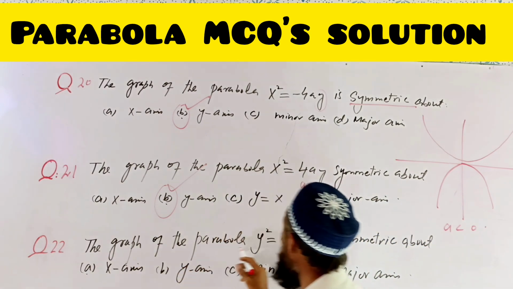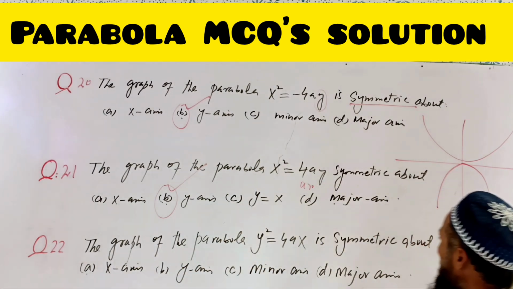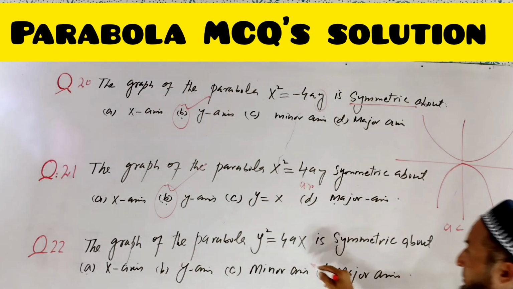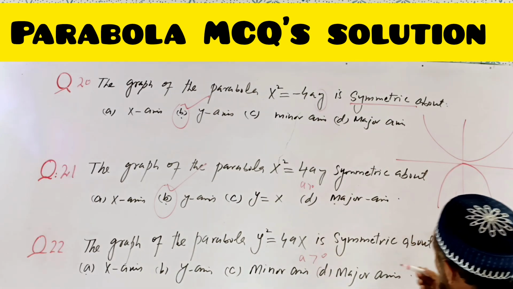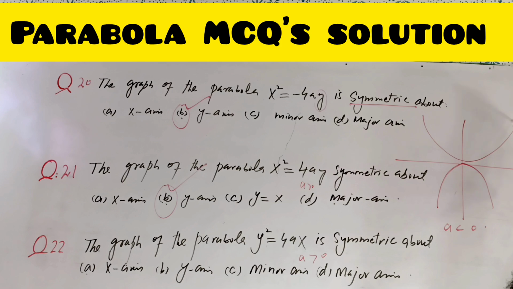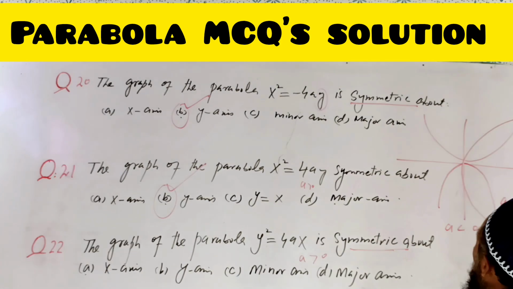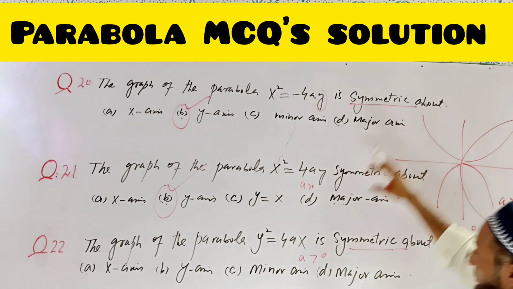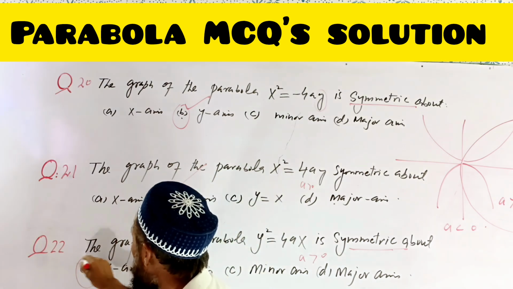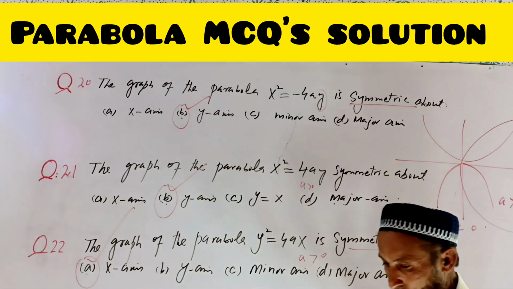The graph of the parabola y square is equal to 4ax, where a is greater than 0, along the x-axis the parabola is making on the right side. So it is symmetric along the x-axis. Option A is the correct option.